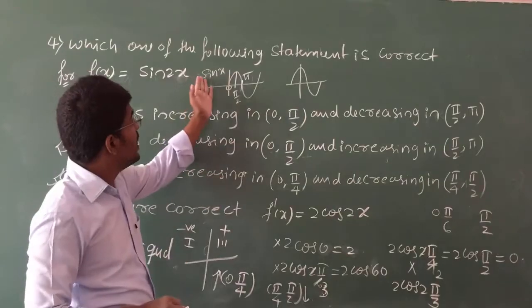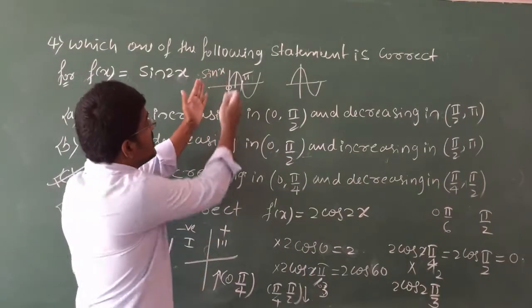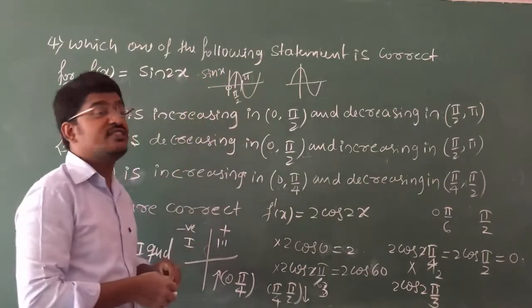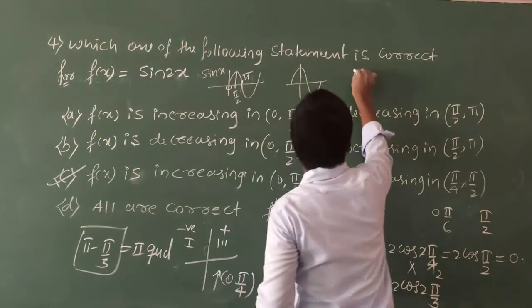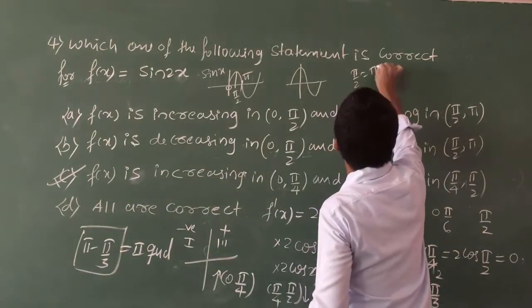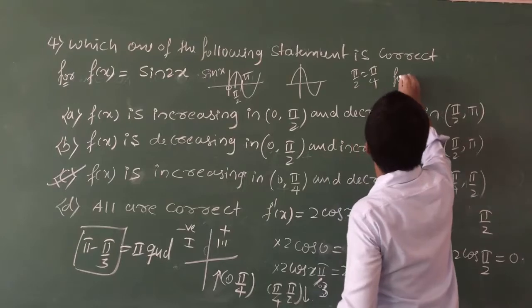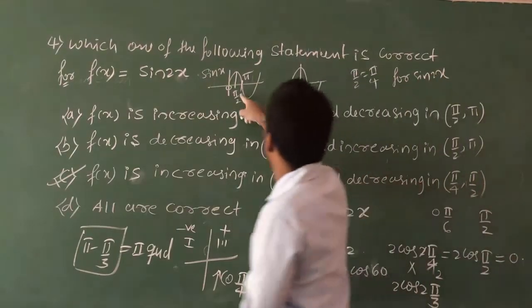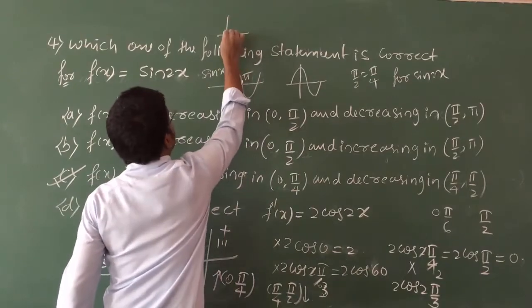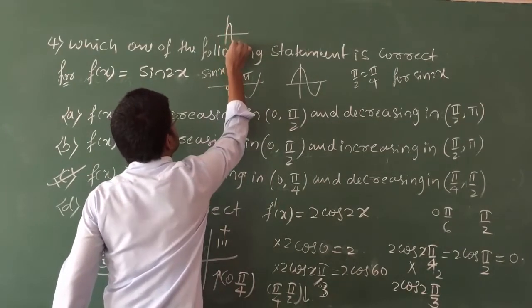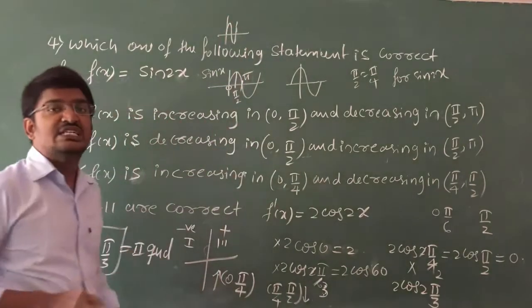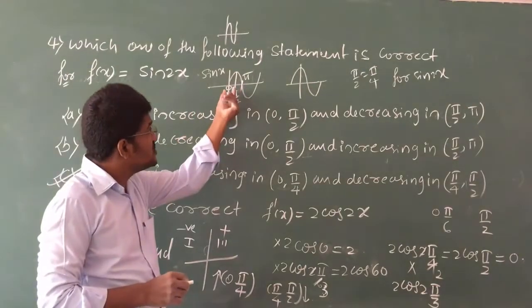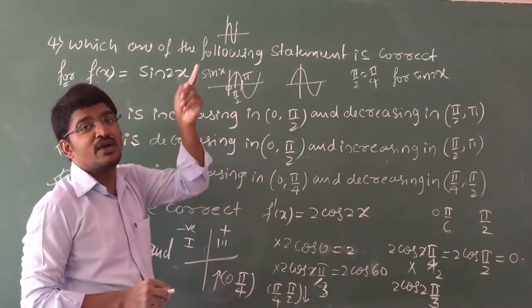If I multiply it with 2, they will converge together and pi by 2 will be equal to pi by 4 for sin 2x. Clear? That means this curve will become like this. It will converge itself. It will be converging itself as you multiply by 2.